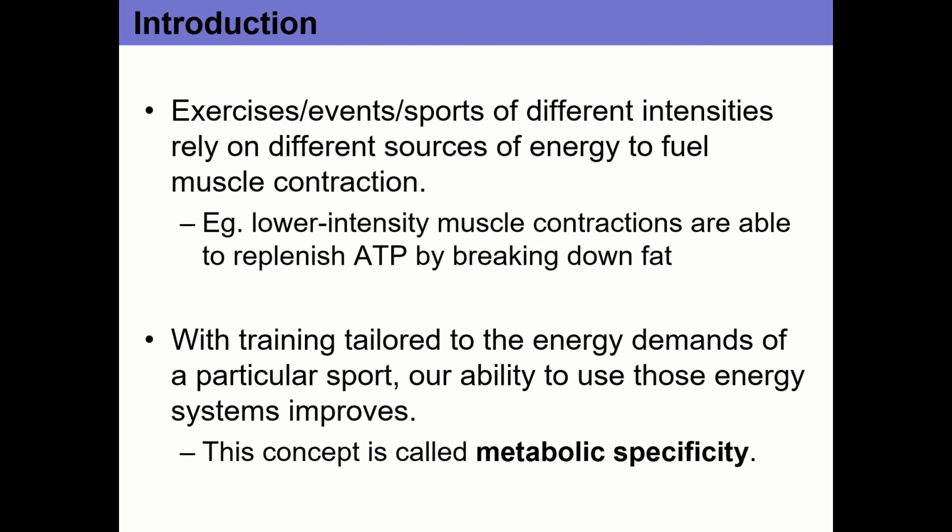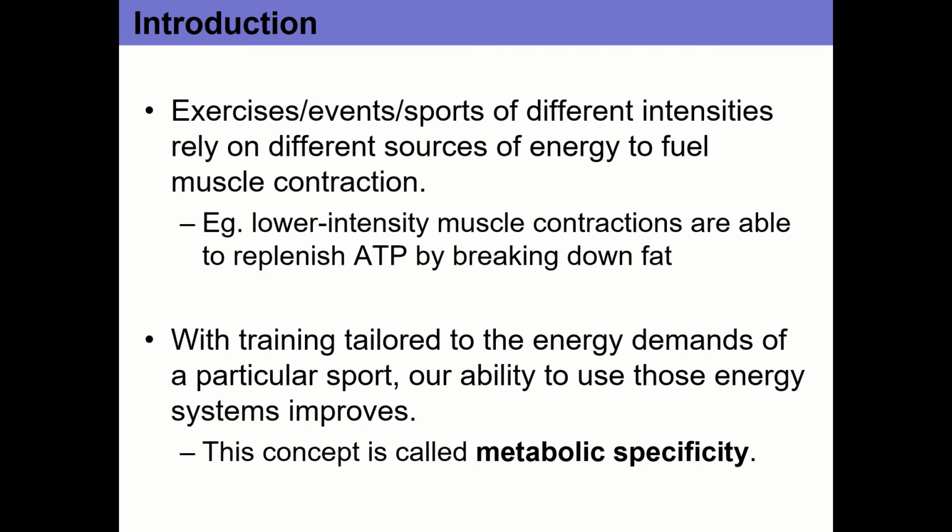So the second bullet point on there: with training tailored to the energy demands of a particular sport, our ability to use those energy systems improves, right? And so if we do repeated sprint training, we can store a little bit more ATP, we can store a little more phosphocreatine. So you'll have higher fuel storage, you'll have more substrates that you're going to use during training. Same kind of thing with both strength training and to some extent with endurance training.